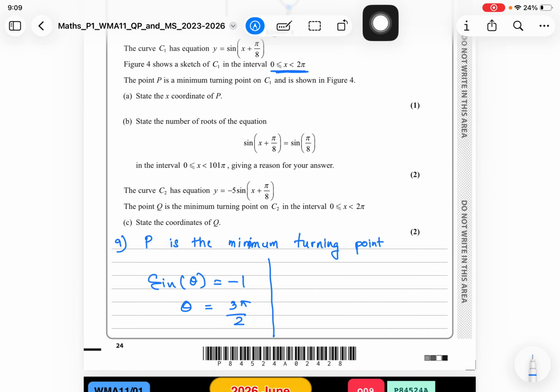So sine of x plus pi over 8 equals sine of 3 pi over 2. What this gives you is x plus pi over 8 equals 3 pi divided by 2. So x, you can easily send it to the other side and get that value, which is 11 pi divided by 8. So this is the answer for the x value. That is pretty straightforward.